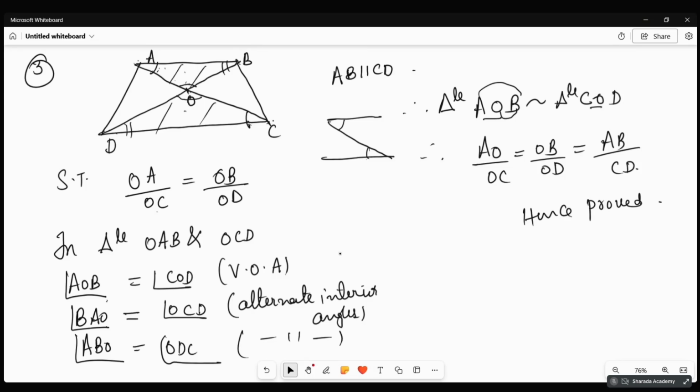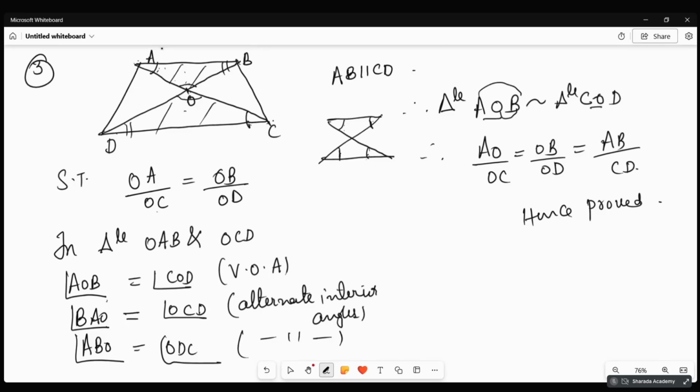Everyone should understand, no? Angle A and angle C, they are equal because they are alternate interior angles. Okay. Next, we have B is equal to D because these two are also alternate interior angles that we have written. Since all the three angles are equal in a triangle, the triangles are similar.